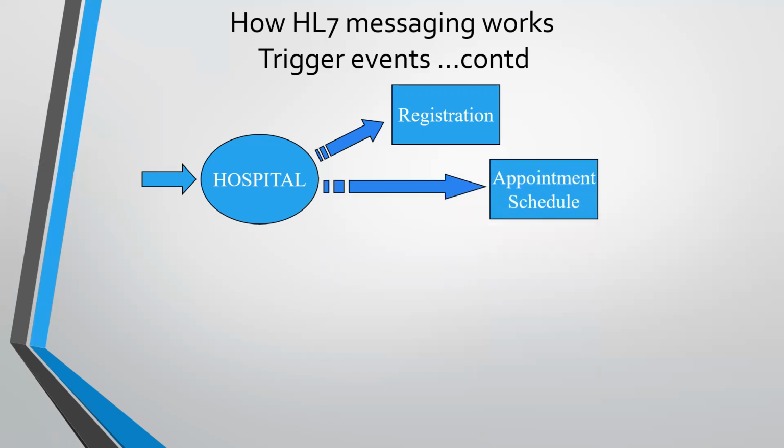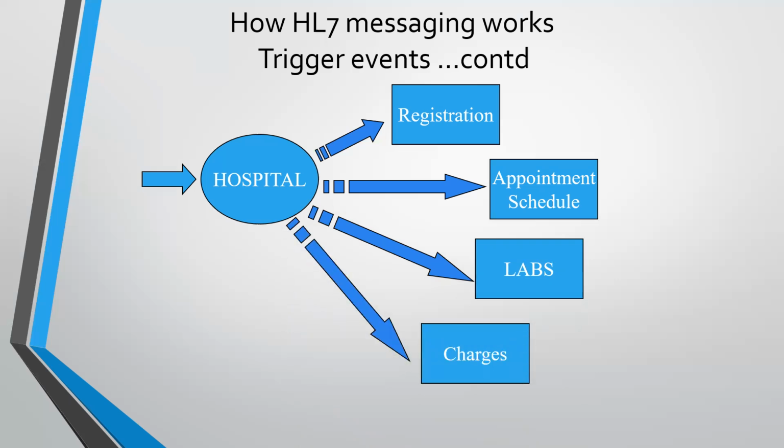The second one is appointment scheduling. Creation, modification, cancellation, deletion, or anything related to the appointment will fall under appointment scheduling. Then you have labs: placing orders and receiving results will all be under labs.